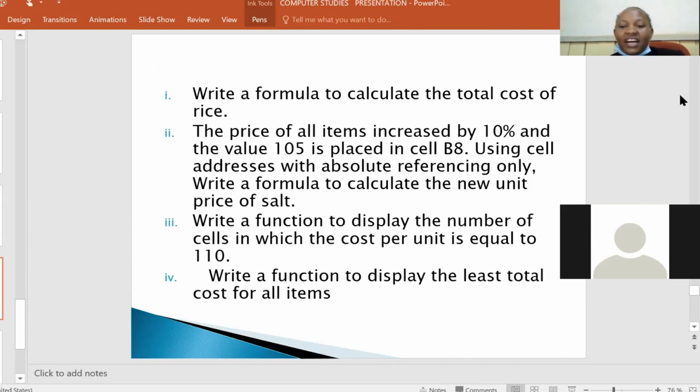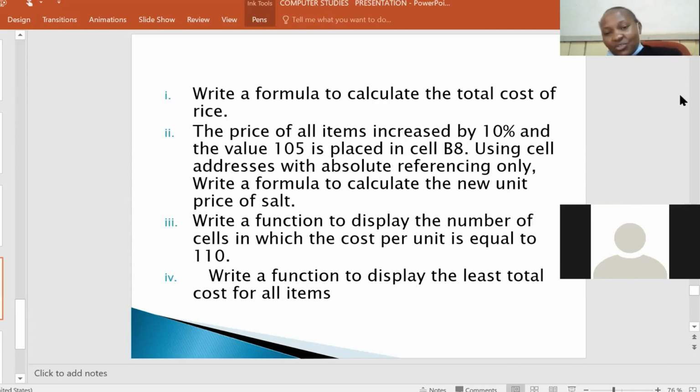So where the value 10% is placed, if you are using that one in your formula, it's going to be absolutely referenced. So make sure that what is to be absolutely referenced, you put it, the 10% is going to be absolutely referenced, yes.